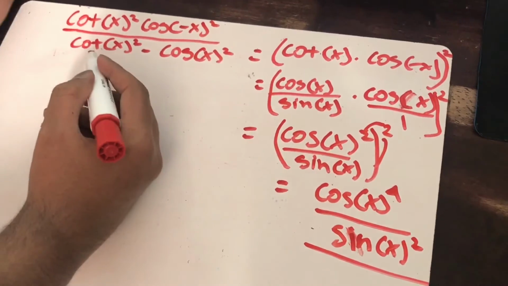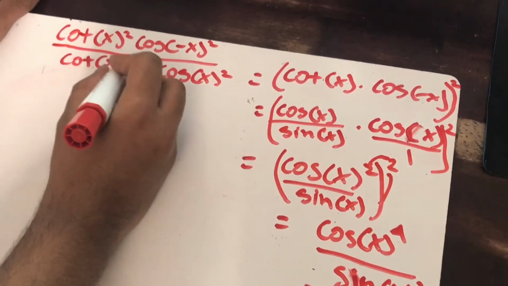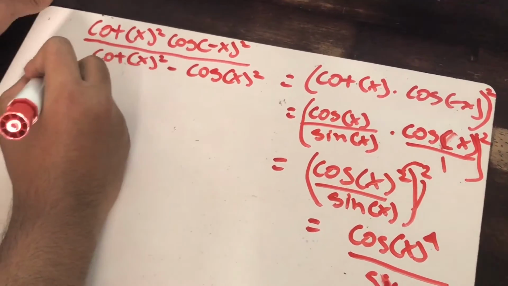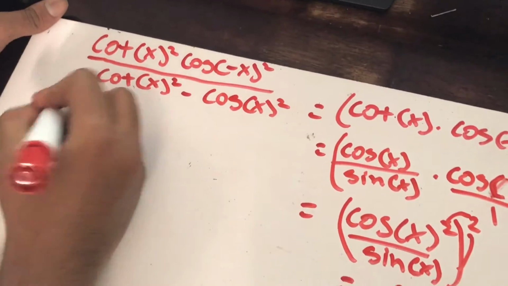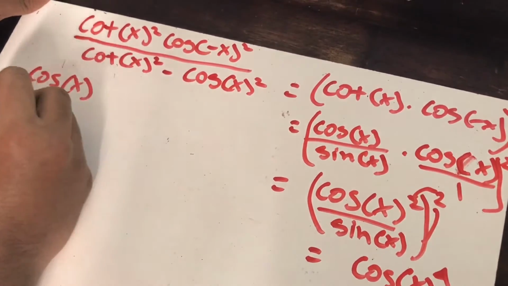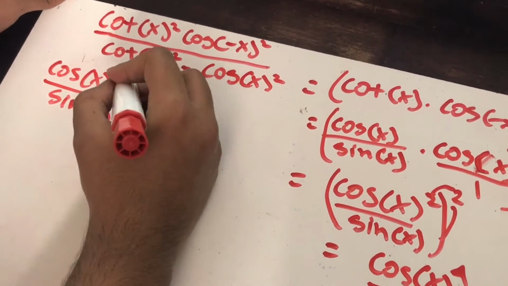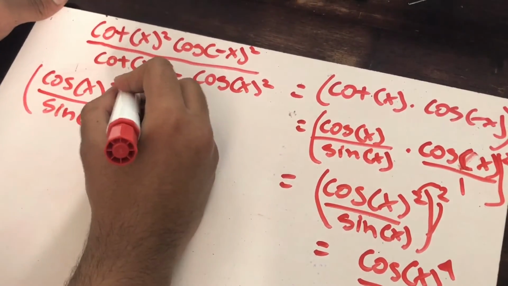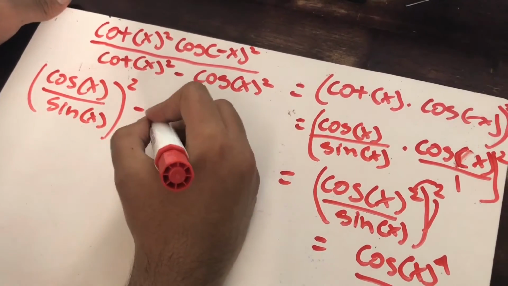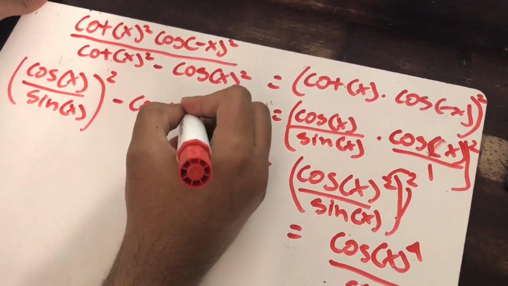So now to the denominator, I'm going to write the cot of x as cosine of x over sine of x, all that to the power of 2 minus cosine of x squared.